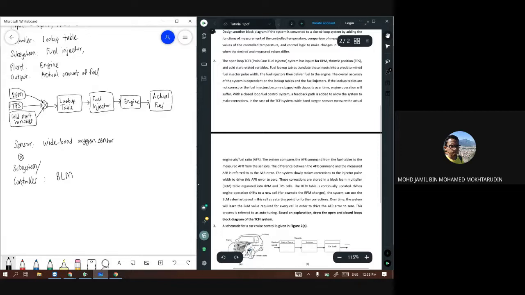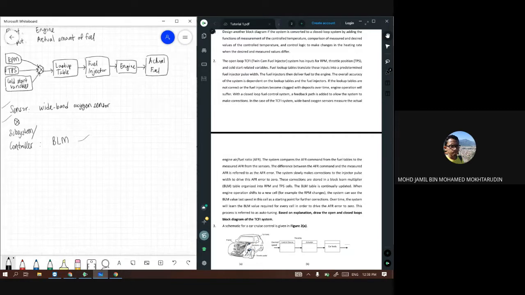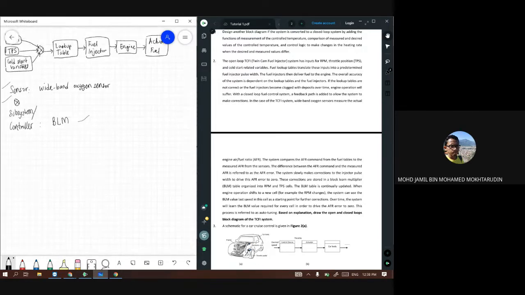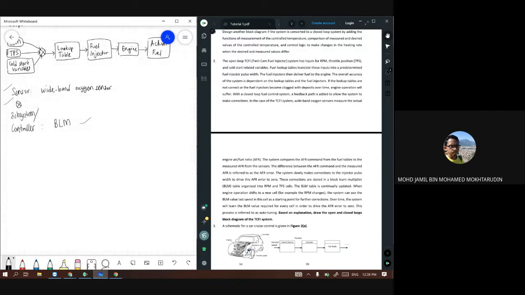Over time, the system will learn the BLM value required for every cell. Basically, you add these three things: the sensor, the circle with cross, and also the BLM. You just need to modify the open loop system block diagram by adding these three things.